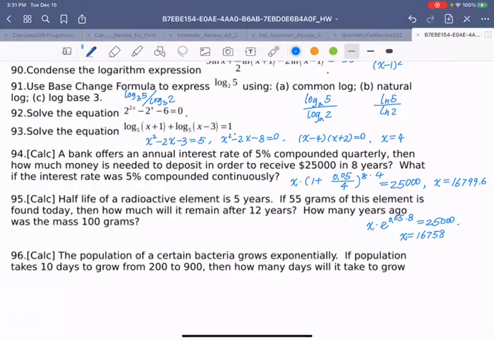That's the answer if the interest rate is 5% compounded continuously.